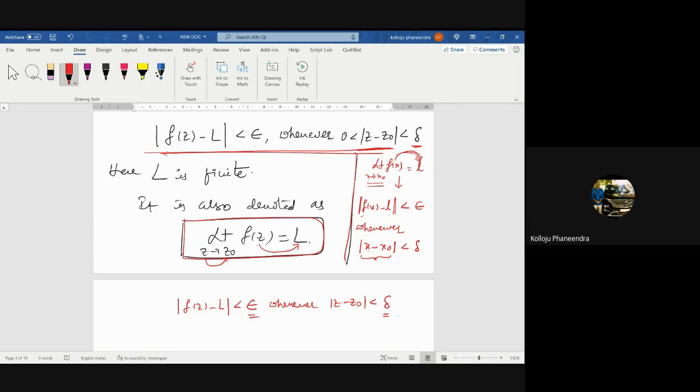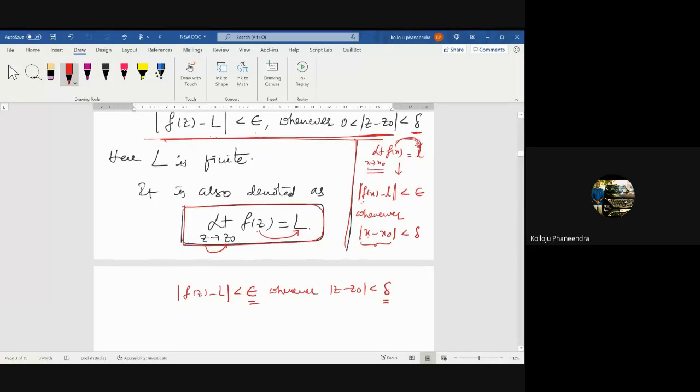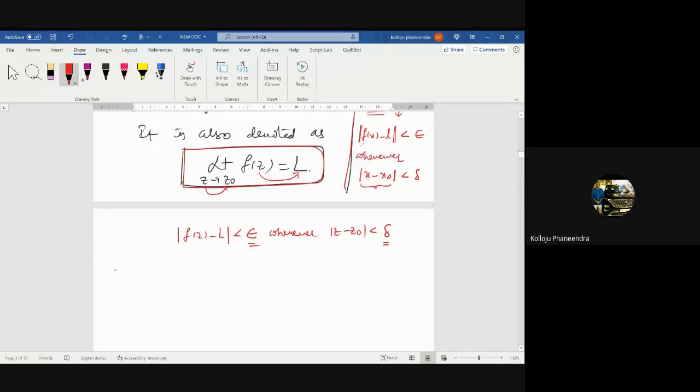And what is the difference between the limit concept of real variables and the limit concept of a complex function? The concept is here. In real variables, x tends to x naught. What is the meaning of x tends to x naught?